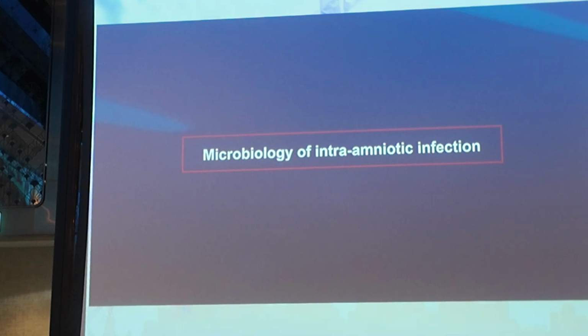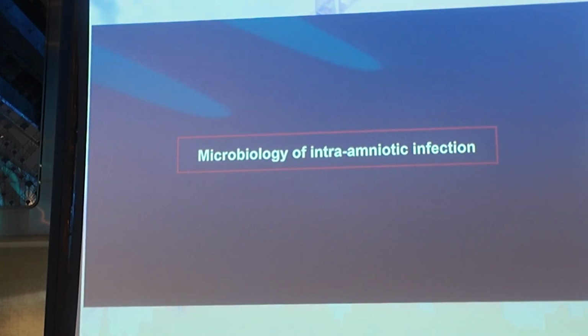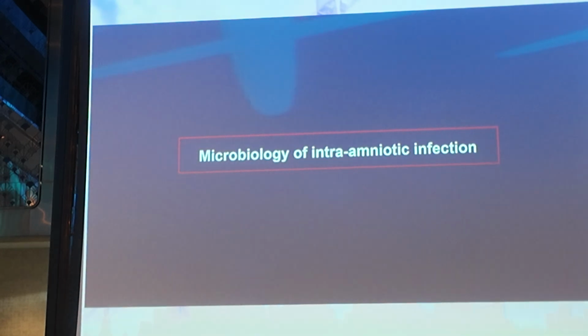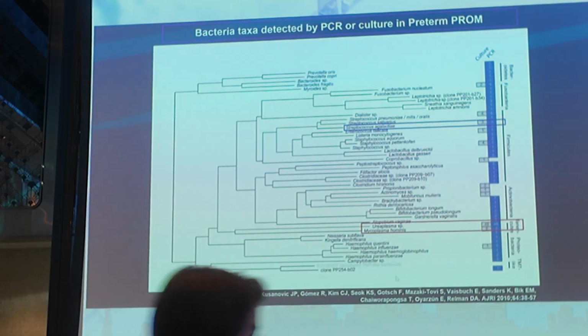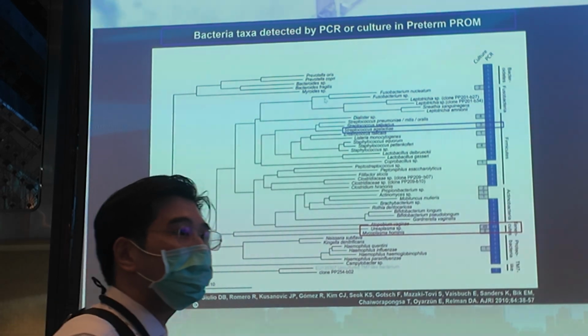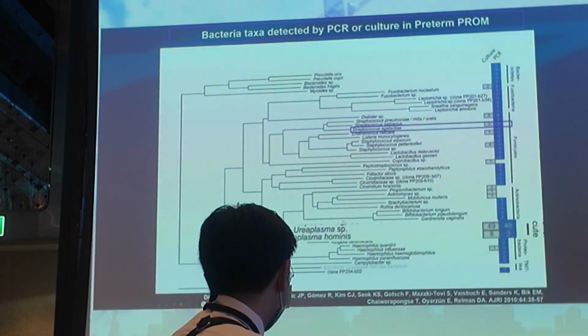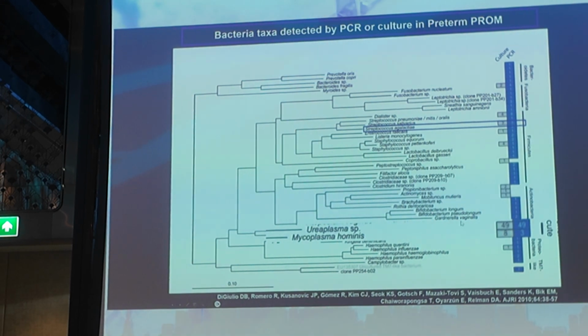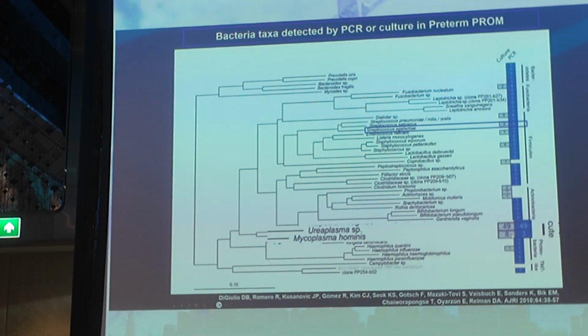What are the organisms? I know that you are thinking that it's GBS, but these are rarely the cause of intra-amniotic infection in most cases. The most common microorganisms are illustrated in this slide. These are the different taxa. What is important is that the overwhelming number are genital mycoplasmas, be that ureaplasma and mycoplasmas.